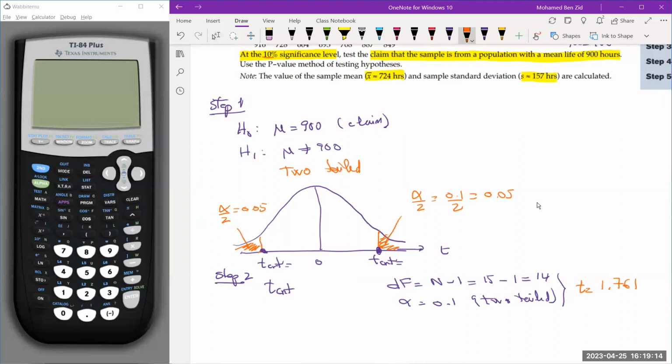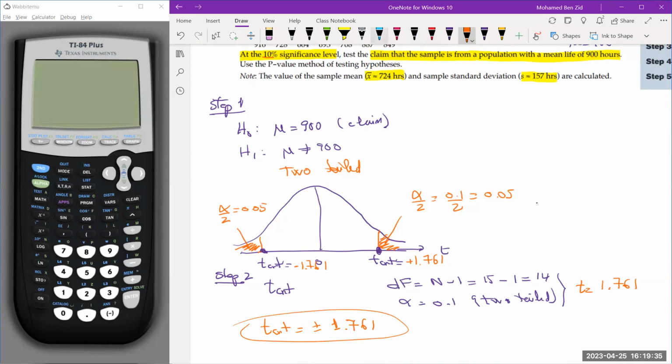Now, because you have two tails, one of them is going to be positive 1.761, and the other is going to be negative 1.761. So your T critical is plus or minus 1.761.